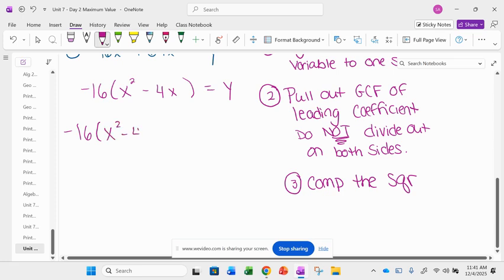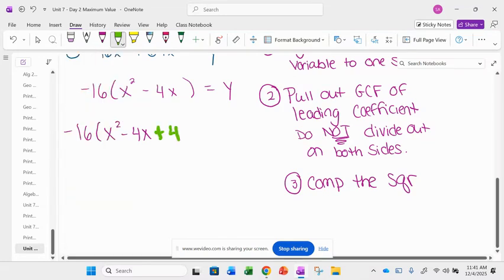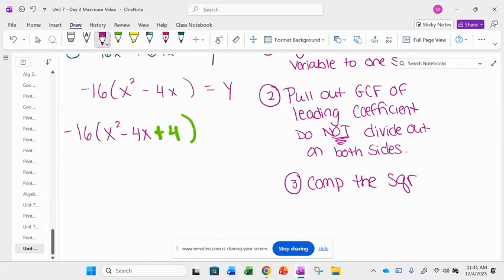So I have x squared minus 4x plus 4 equals y. Even though I wrote plus 4, in reality, I didn't add 4. In reality, I added a negative 16 times 4, which is a negative 64.